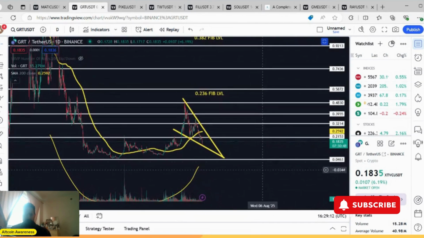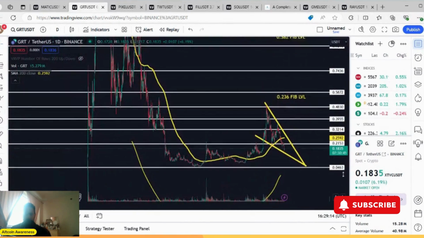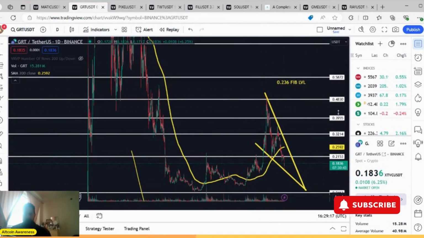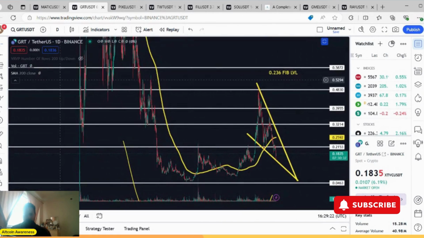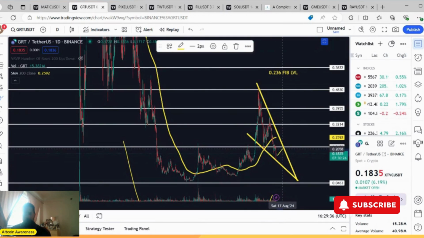Okay, so currently we're moving inside this triangle pattern. 60 to 70% chance of this breaking to the upside. Okay. Now, since we're moving inside this pattern, we have to assume that the price action is going to continue moving inside that pattern. So we might see something like this, okay, until we break above this triangle.